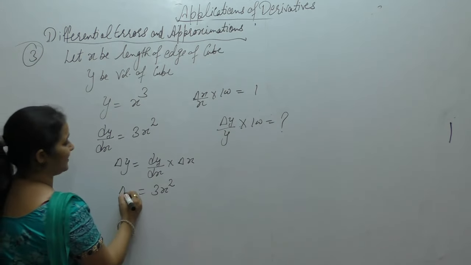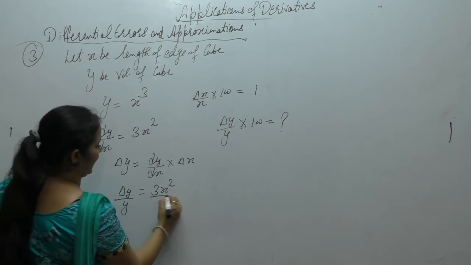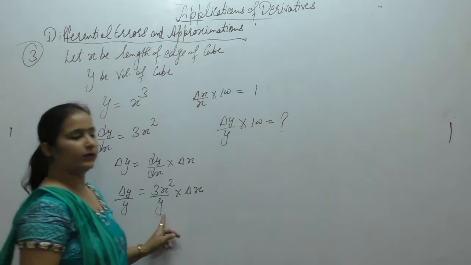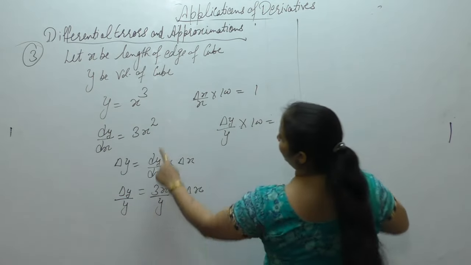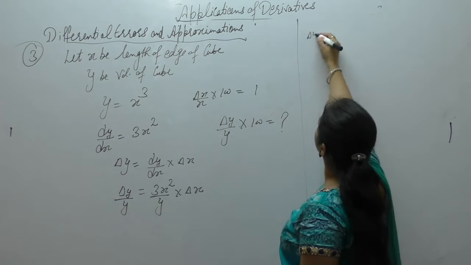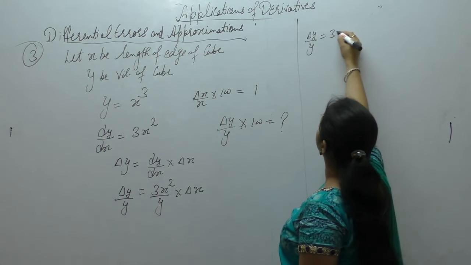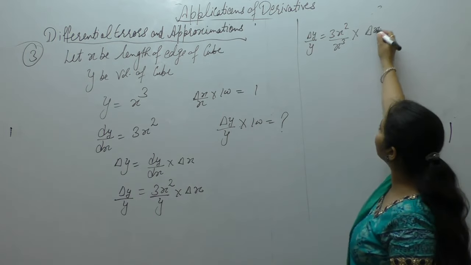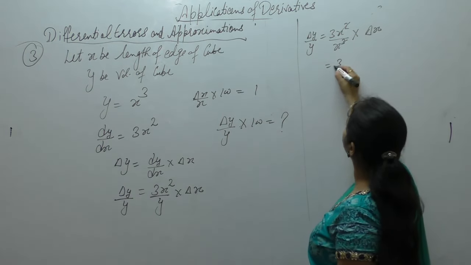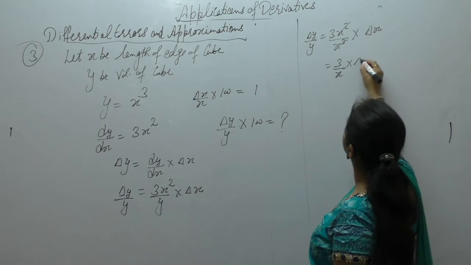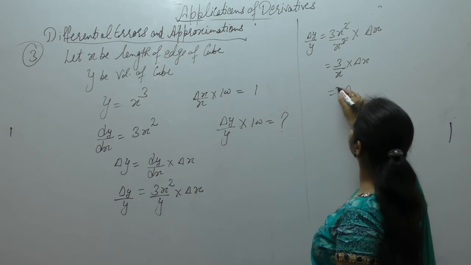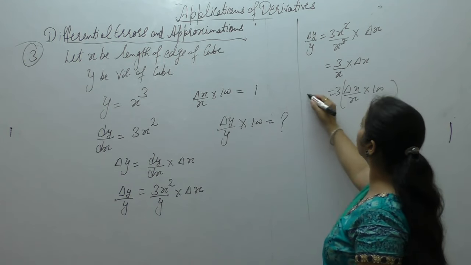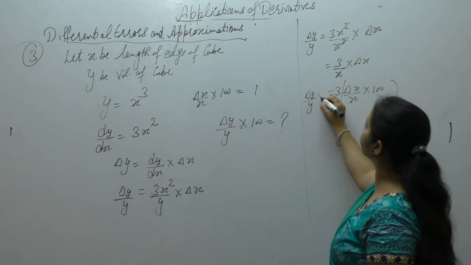So delta y upon y, multiply by y into delta x. What is the value of y? x cube. So delta y upon y is 3x square upon x cube into delta x. So 3 upon x, delta x. So we can write it as 3 delta x upon x, multiply both sides by 100.